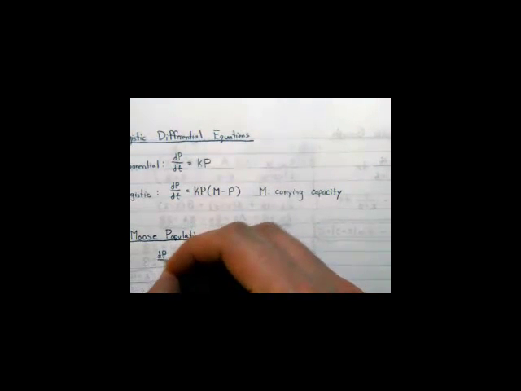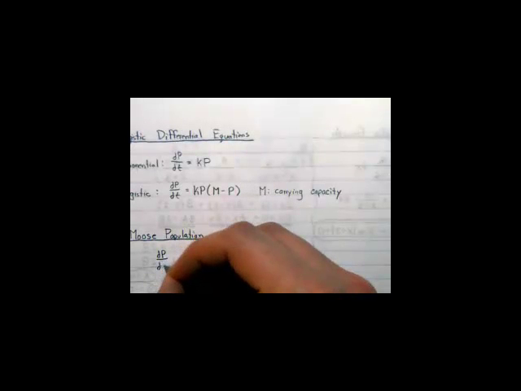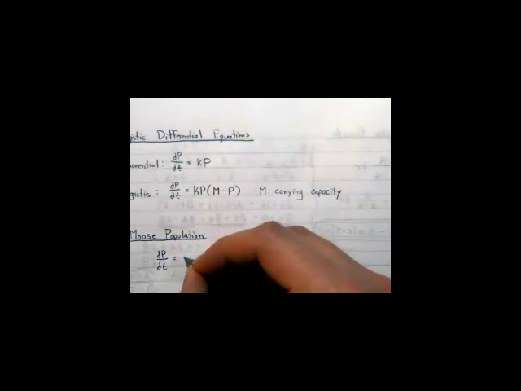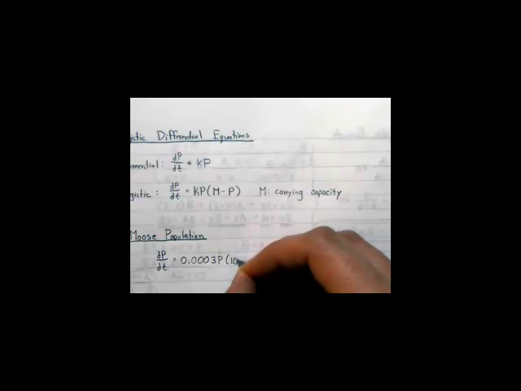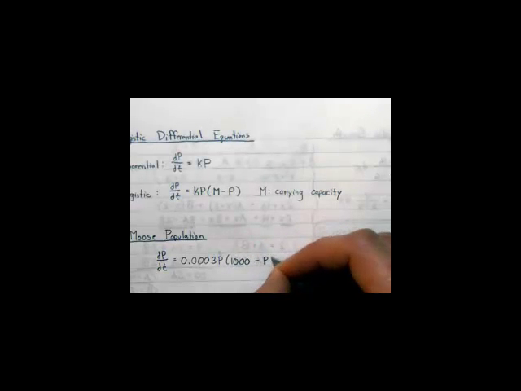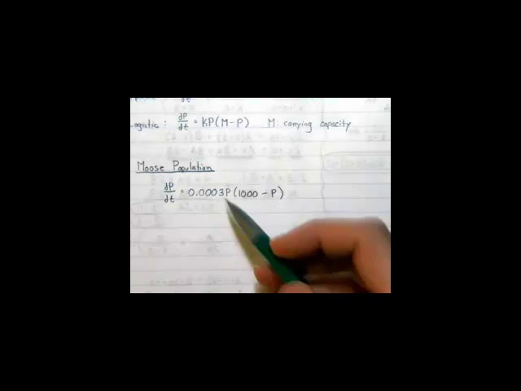It was originally hoped that the population would reach a carrying capacity of about 1,000, with a growth rate of this. So this is the moose in their new home. They're hoping this is going to be the growth rate for them: dP/dt equals 0.0003P times (1,000 minus P). See how that is a logistic differential equation, fits that form?